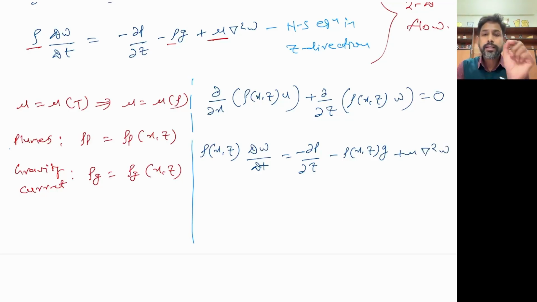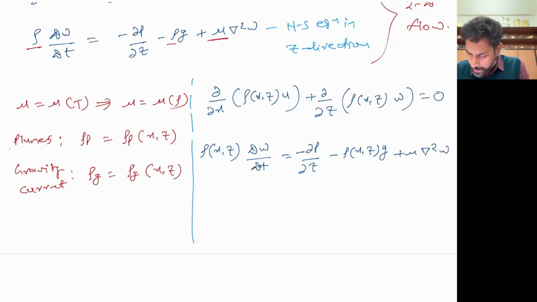So what you see here is rho is actually a function of x and z everywhere, and that makes the problem much more complicated because you have to model the function of rho everywhere, and that creates another parameter apart from the velocity u and w, and then there is pressure as well.